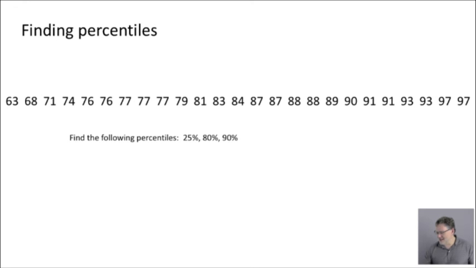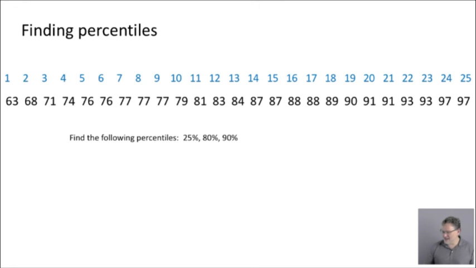The way that we would do this for other percentiles, say like the 80th percentile or the 90th percentile, is first of all to number all of our data values from 1 to 25. They've just been numbered in sequential order here. And we use this formula.